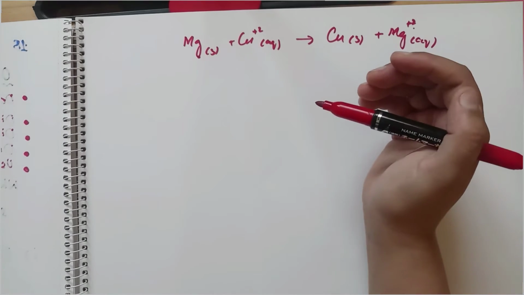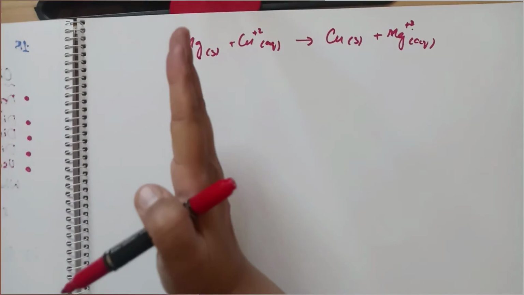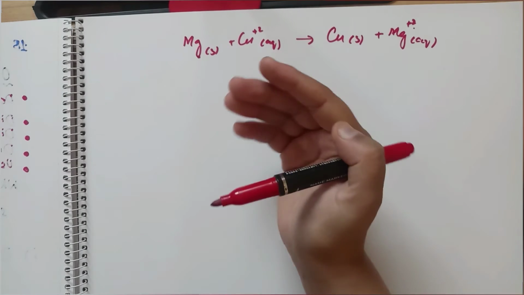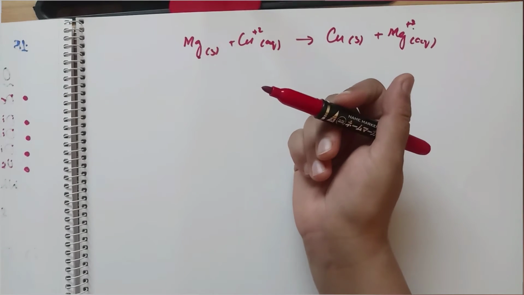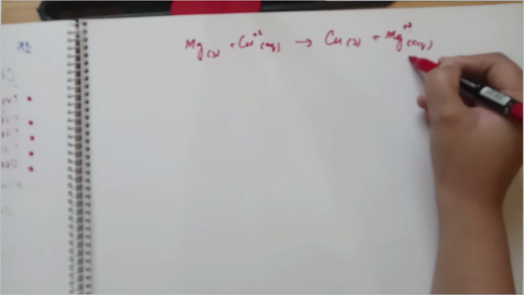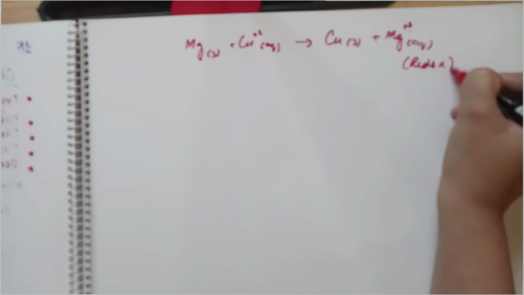So it means electron transfer from magnesium to the copper, and hence the magnesium atoms are oxidized and copper atoms are reduced. So both reactions take place here, so it is a redox reaction.